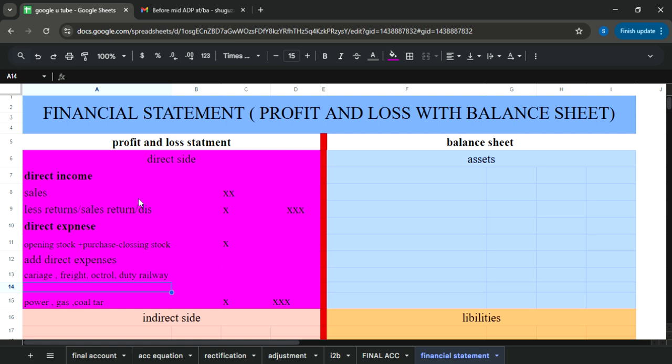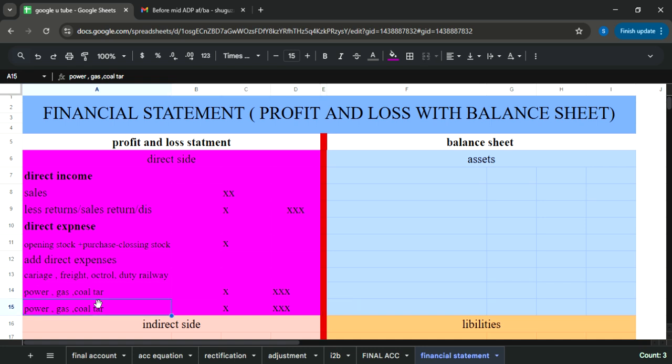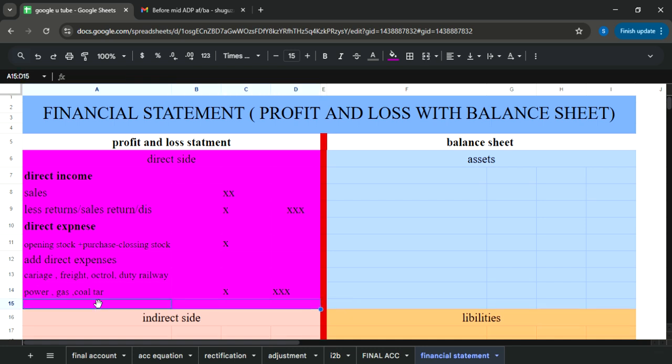Alright guys, let me take these three items outside, and then on the lower side we will see the difference.